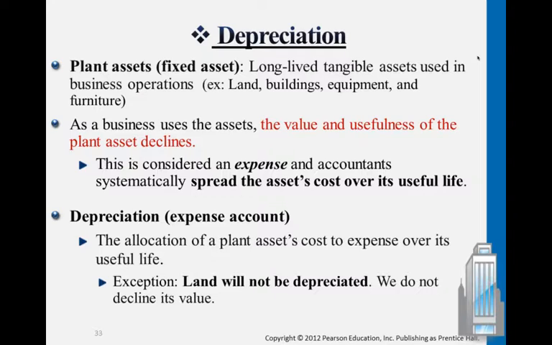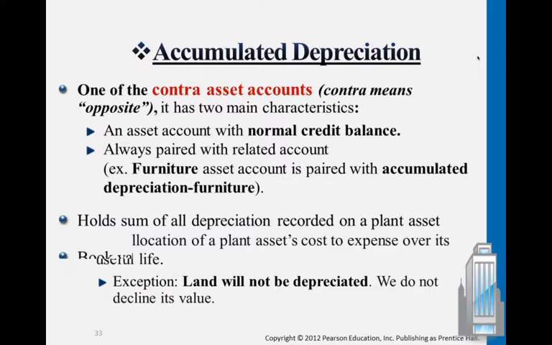Remember, this account is a special account called a contra asset account. Later on, in Chapter 8, you'll be introduced to other contra accounts. Basically, if it's a contra liability, then it has the opposite direction of the regular liability account. Contra means the opposite. Here we have a contra asset account, which means it goes hand in hand with one of the originally purchased asset accounts. In the furniture case, it goes hand in hand with the furniture account.